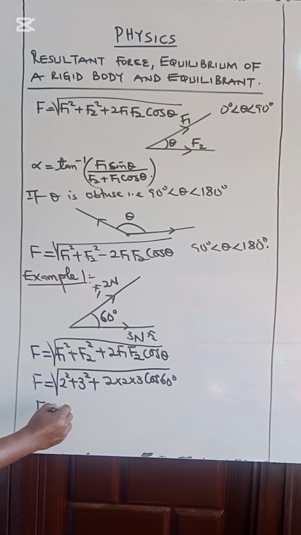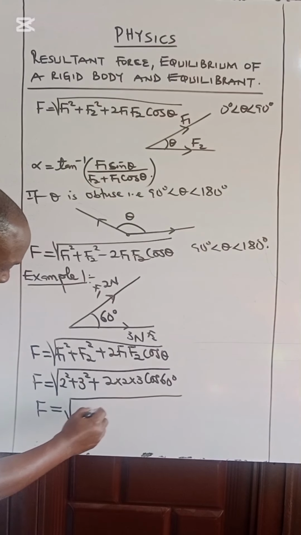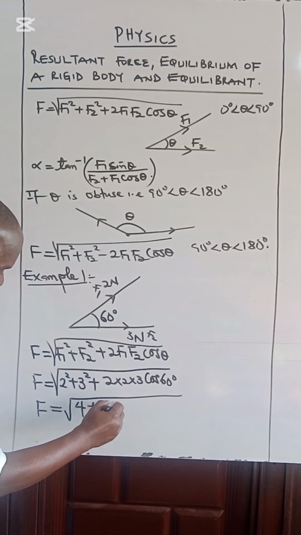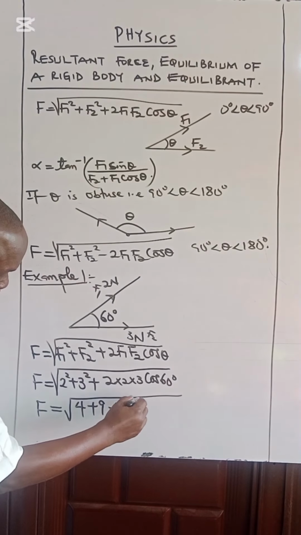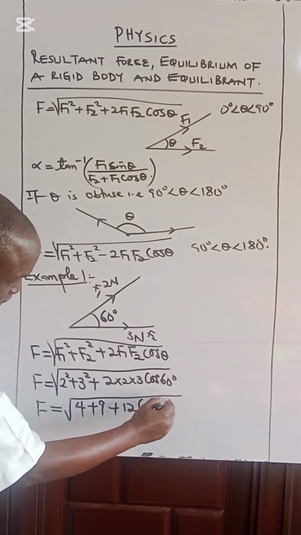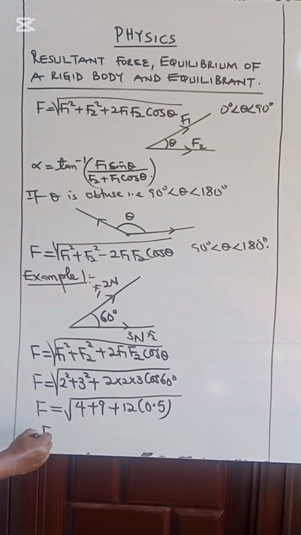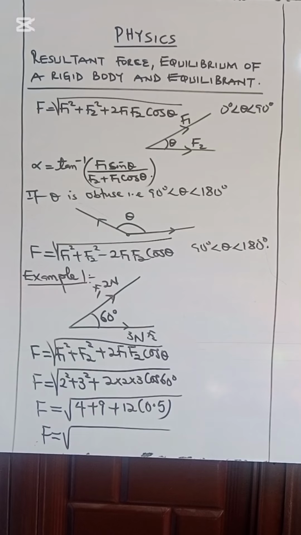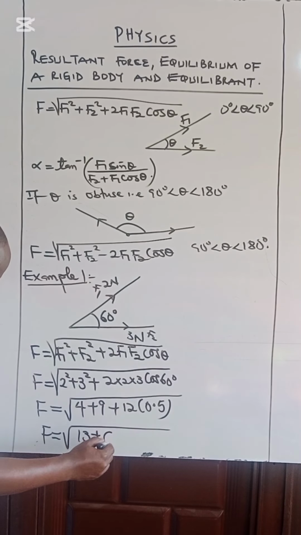F is equal to the square root of 4 plus 9 plus 12 into cos 60, which is 0.5. F will now be the square root of, this one will give you 13, 12 multiplied by 0.5 will give you 6.